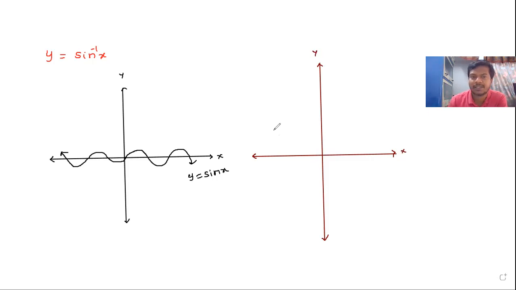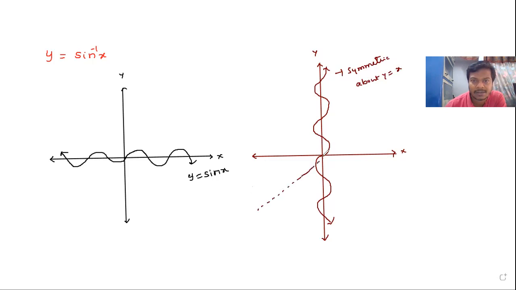When the graph is symmetric about y equals x, we can expect the graph in this way, right? We can expect it like this. This is symmetric about the y equals x graph. Suppose this is y equals x, a straight line.